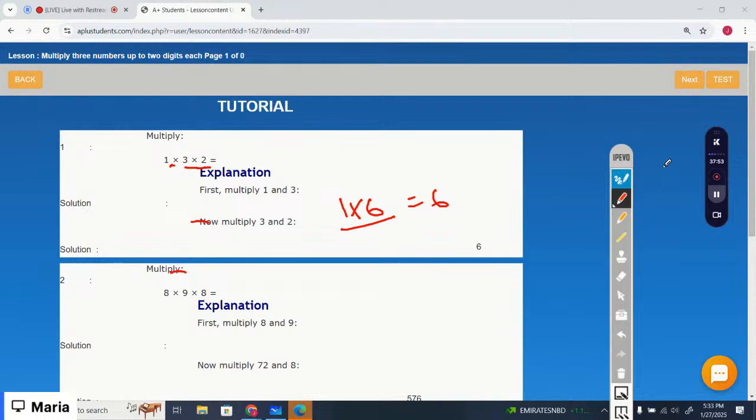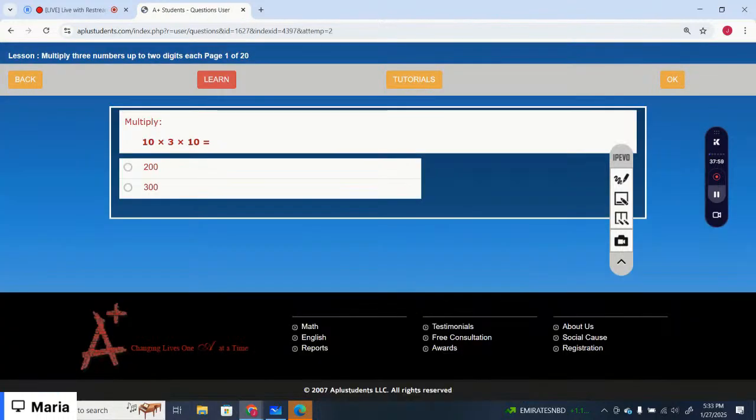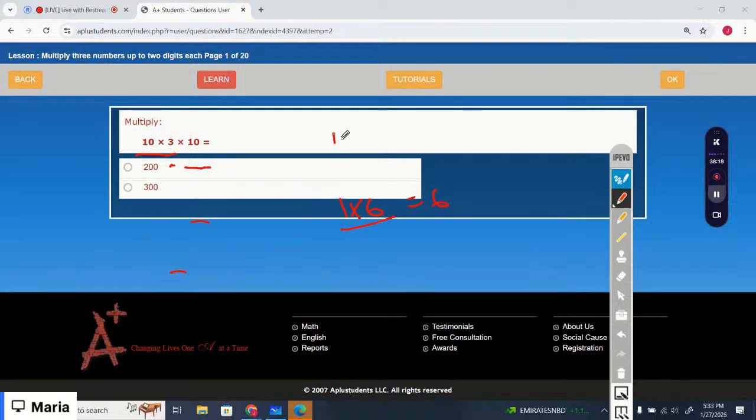Let's just start with the test questions. 10 times 3 times 2. You have to make the pair of numbers. You have to do 10 times 3. 10 times 3 makes 30. Then multiply the 30 with the other number. So 3 times 1 is 3 and add the zeros.